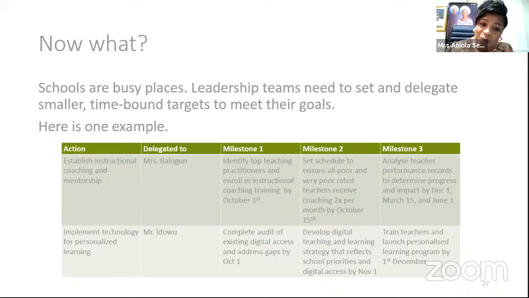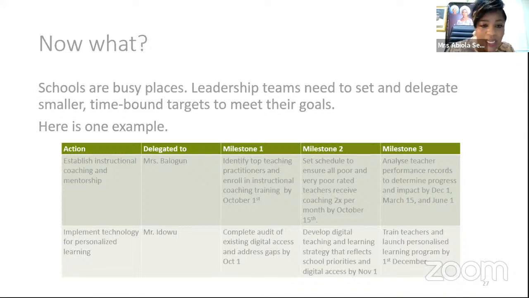And then you're going to give them some milestones that are also SMART. Those milestones will also be time bound, they'll also be specific, they'll also be SMART goals. So like minor SMART goals, or micro SMART goals.